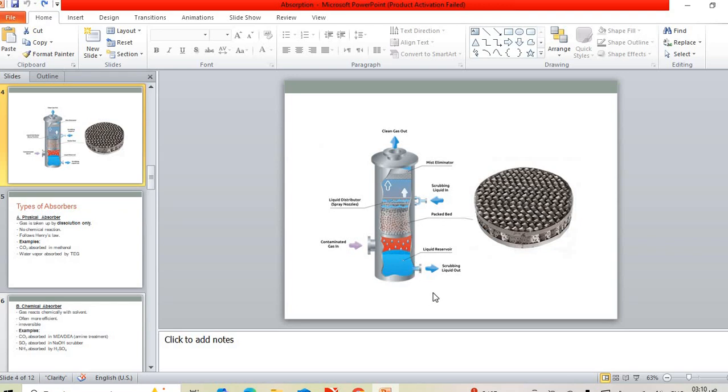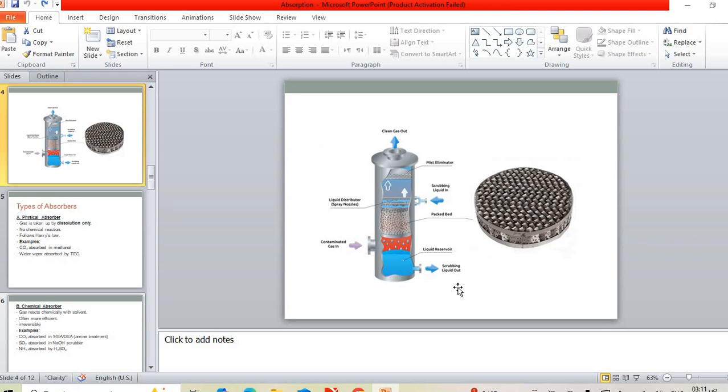Then at the bottom, the solvent extracts the gas, or the gas is dissolved in the solvent and goes downward as extracted rich solvent, which has contaminant gas. On the top there is clean gas out, with minimal or small traces of the contaminant gas, which is our target, by the way.